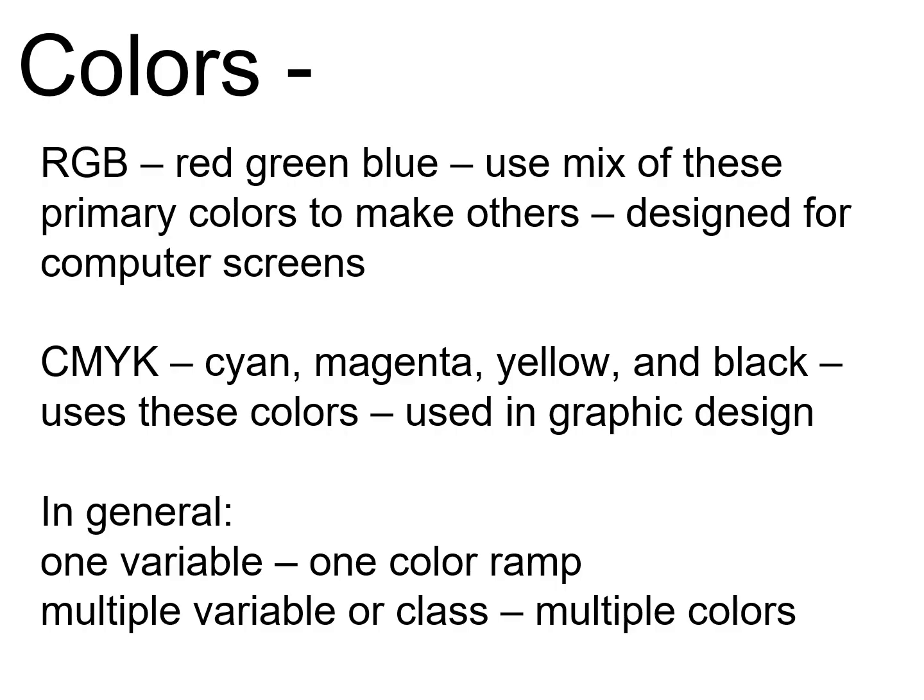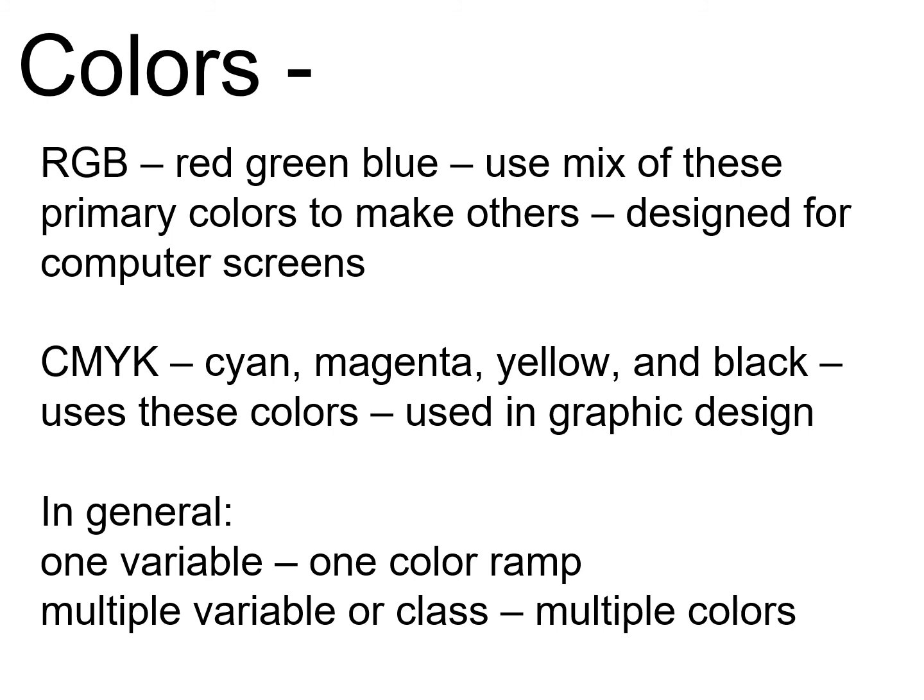Colors are also real important in making maps. There's a couple of different color schemes, red, green, blue, and cyan, magenta, yellow, and black. RGB is designed for computer screens. CMYK is primarily a graphic designer's format. But in general, if you're going to use a color ramp, use one.